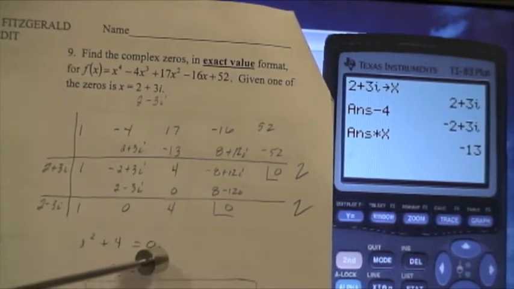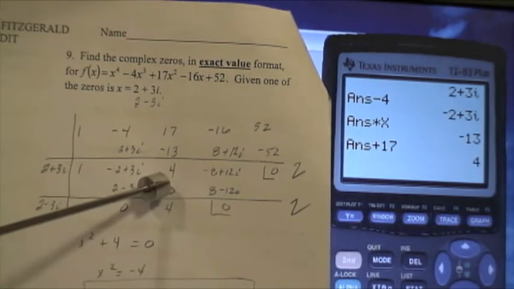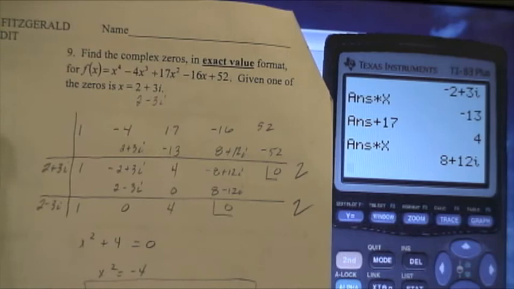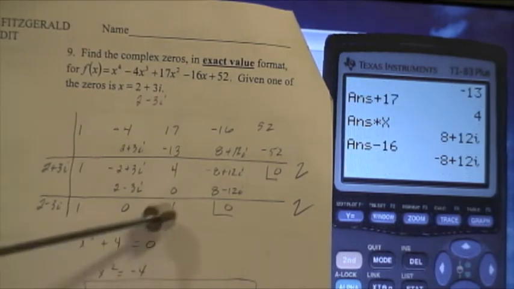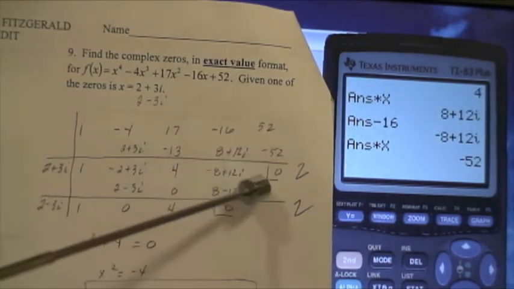I'm going to add 4 to that, or excuse me, plus 17. That's my 4. My 4 to be multiplied by x. That's 8 plus 12i up here. Minus 10. Negative 8 plus 12i times x. That's my negative 52. That gives me the 0.